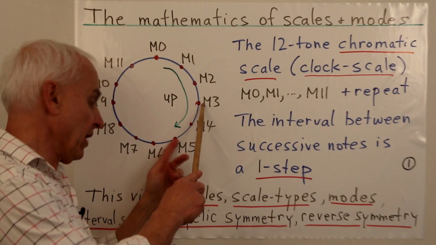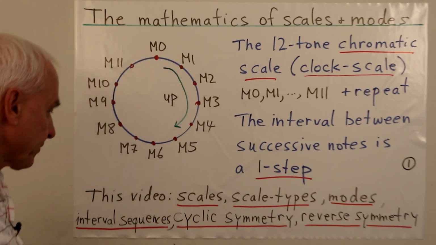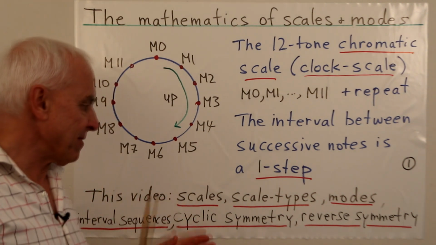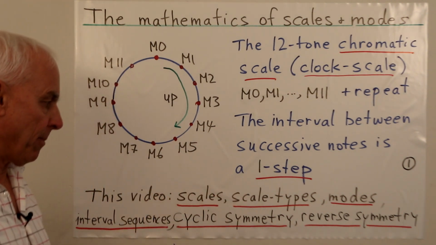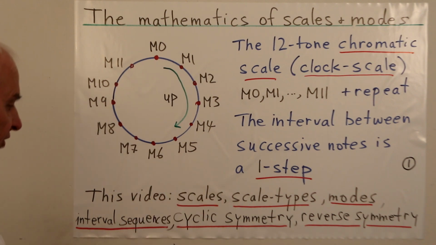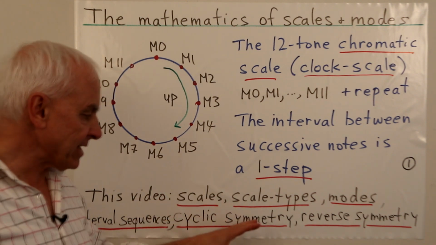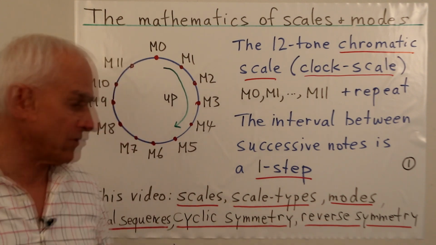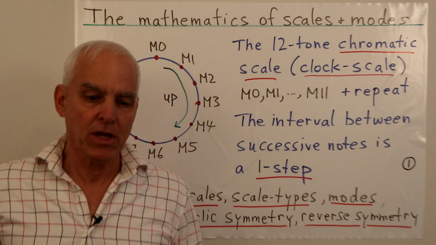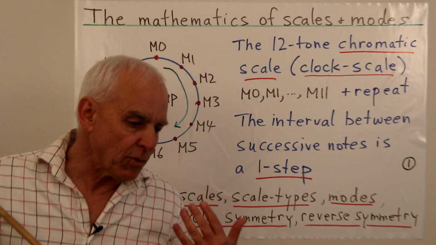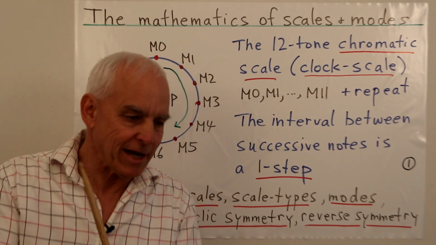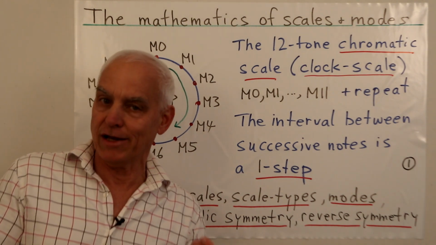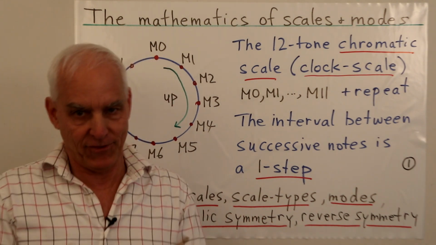So between here and here, that's a two-step, etc. Okay, so in this video, we want to get at things like scales, scale types, modes eventually, interval sequences, and there's going to be some cyclic symmetry around, and maybe not in this video, but we want to move towards reverse symmetry in some future video. So I'm going to be looking at these things with a view of trying to be precise and to clarify what's going on and to choose some good notation and terminology that will help us.